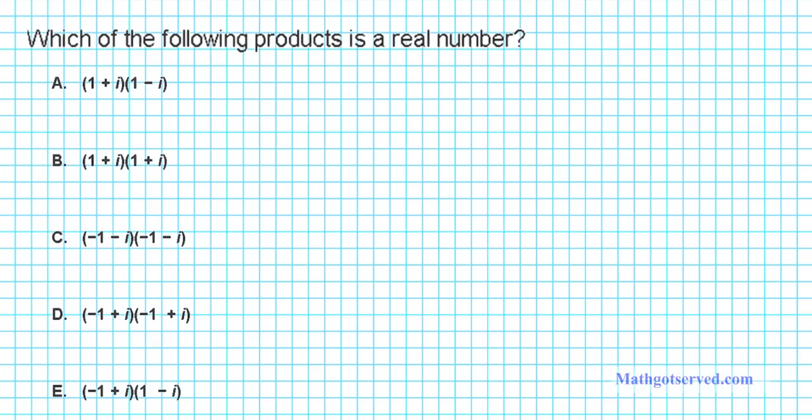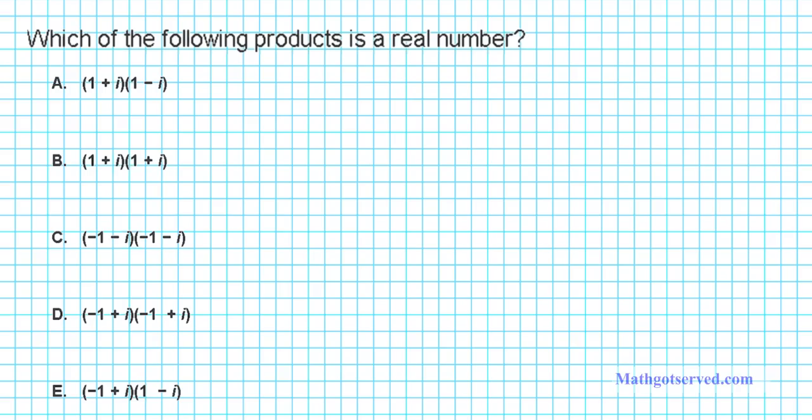Okay, let's take a look at the last one. It says, which of the following products is a real number? Now, there's a cool trick for this problem that requires you to do no work whatsoever. If you have two complex numbers, each with a real and imaginary part, and they are conjugates of one another, then their product is guaranteed to be real.